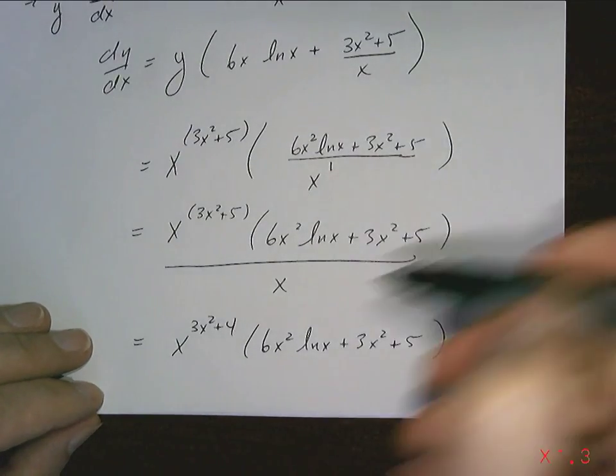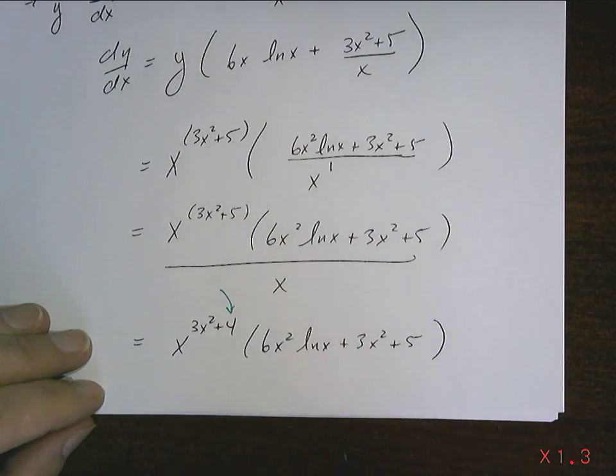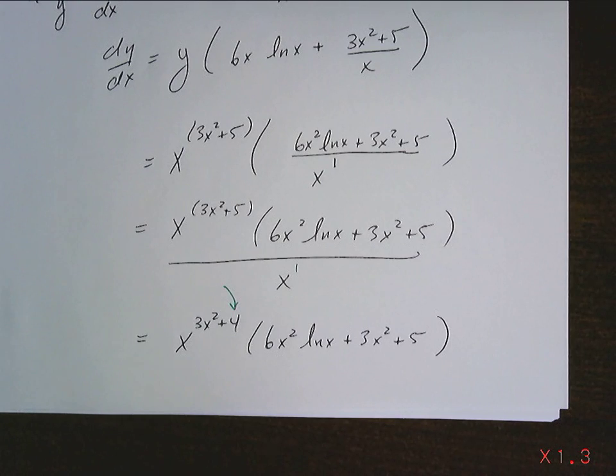How'd I get rid of that 5? That's right. Because it was 3x squared plus 5, subtract 1. The bases are the same, right? So you subtract exponents.